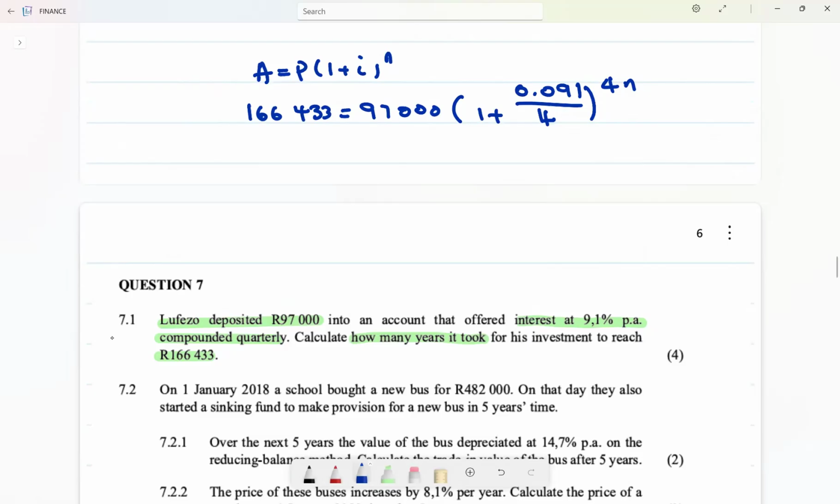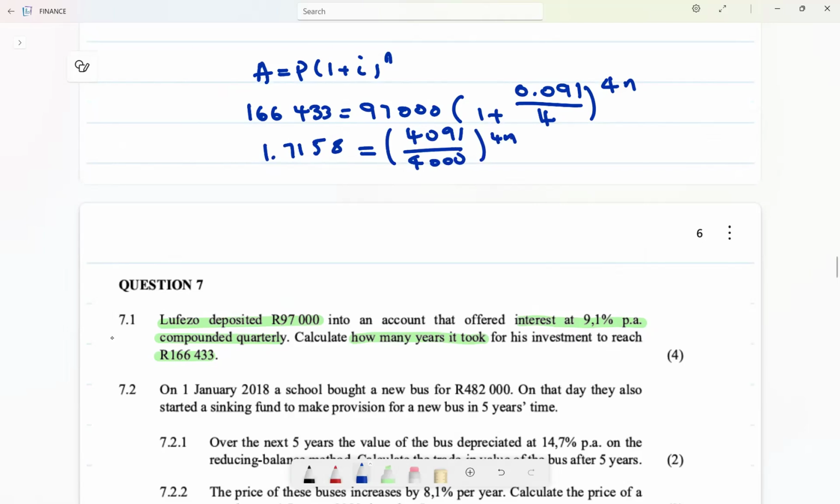When I say 166,433 divided by 97,000, I get something like 1.7158. It is equal to 1 plus 0.091 divided by 4, to the power of 4n.